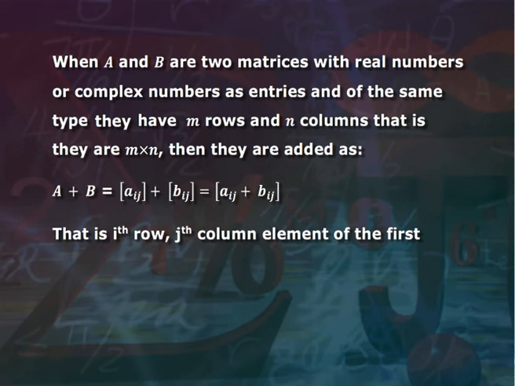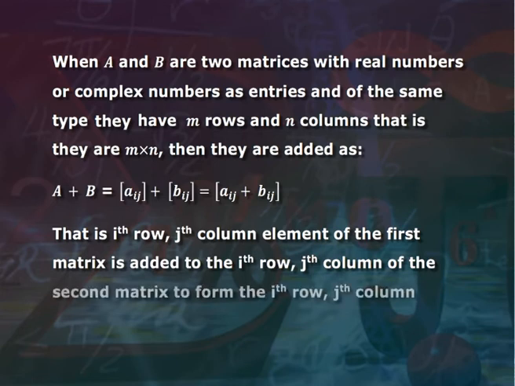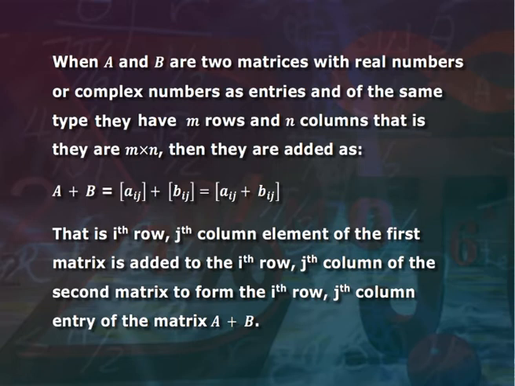That is, the ith row jth column element of the first matrix is added to the ith row jth column element of the second matrix to form the ith row jth column entry of the matrix A plus B.